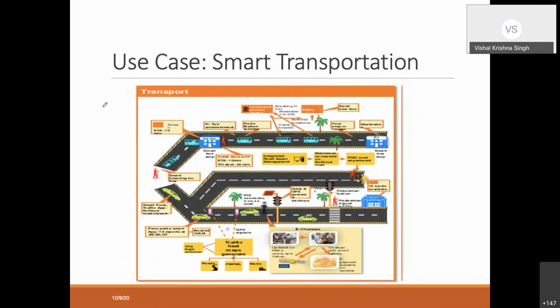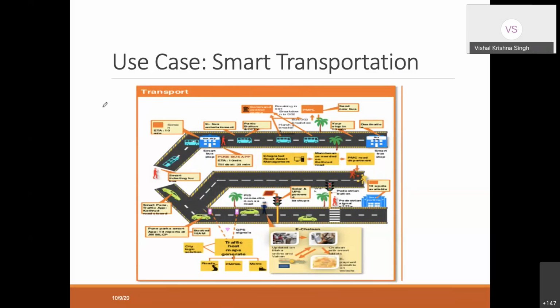Now again, there is a use case of a smart transportation system, which I was hoping to discuss. I'll quickly discuss this because I need to cover one more topic, which is of importance to me as well as for all the researchers who are over here.